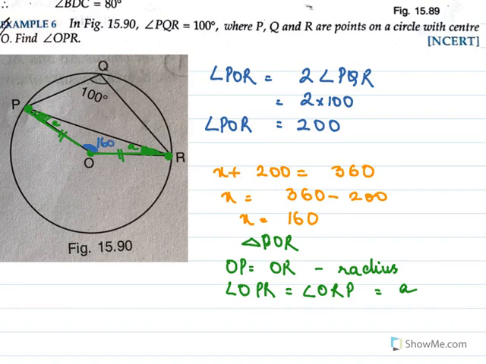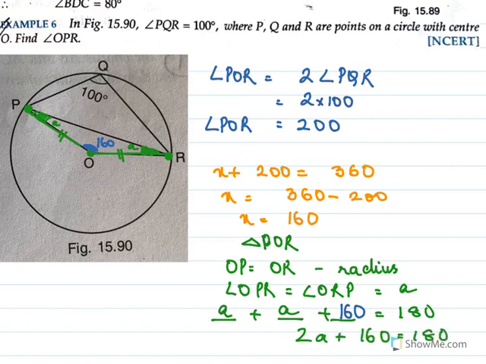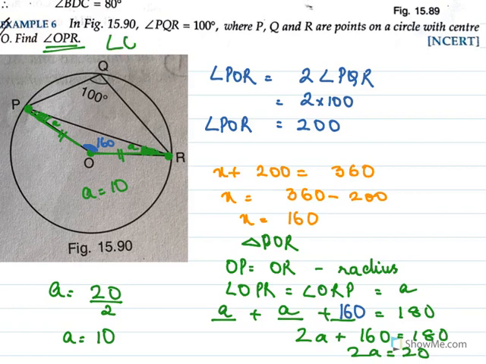So in triangle OPR we have 3 angles equal to 180, angle A, A, and this angle is 160. So we have 2A plus 160 equal to 180. 2A is 20. So A is 20 over 2. So A is 10. So angle OPR equal to 10.